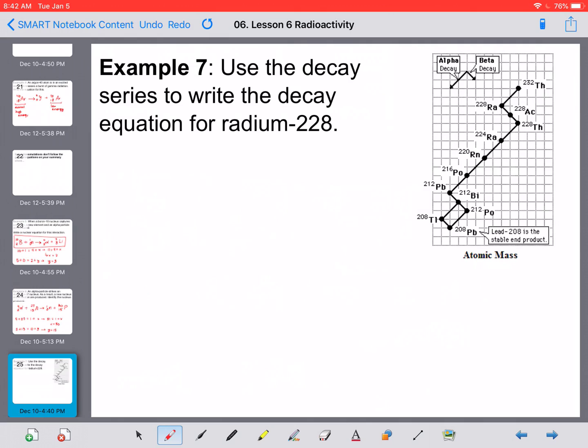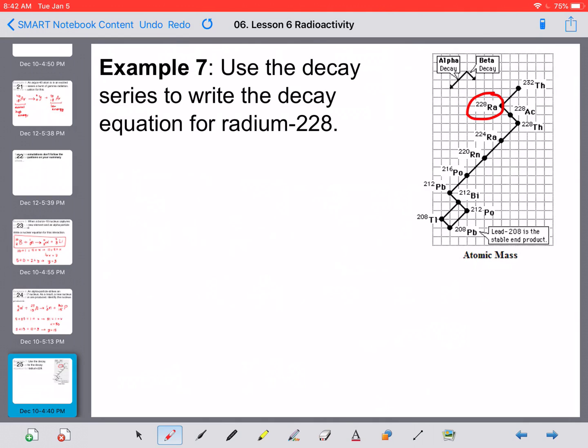All right, example 7. Use the decay series to write the decay equation for radium-228. A decay series is this chart that you see right here, and it just tells you how something decays. So for example, if we find radium-228 on there, radium has the symbol Ra, so there it is.